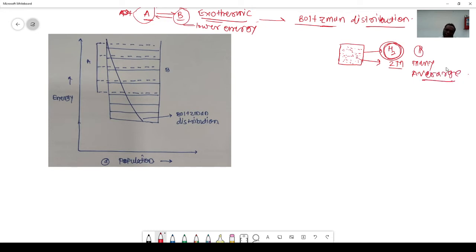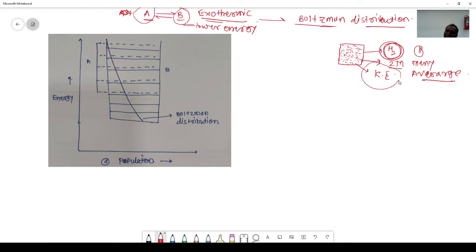According to the kinetic theory of gases we learned in 12th standard, all the gas molecules inside the container have kinetic energy because they are always in random motion, right?